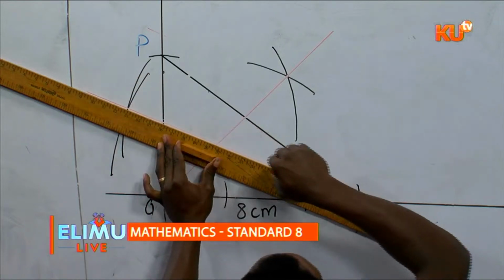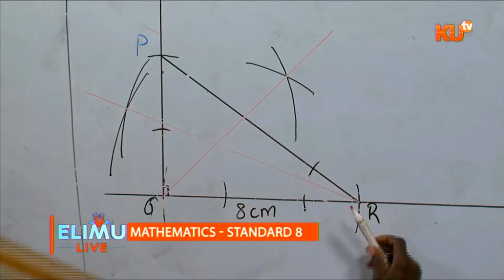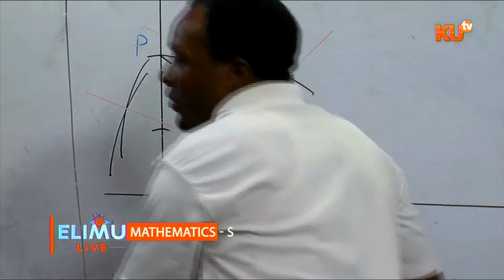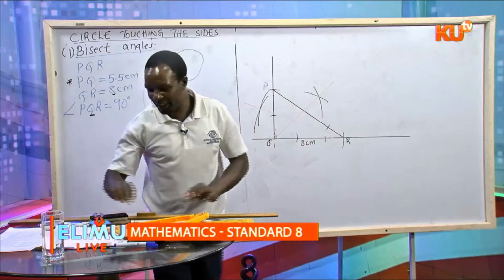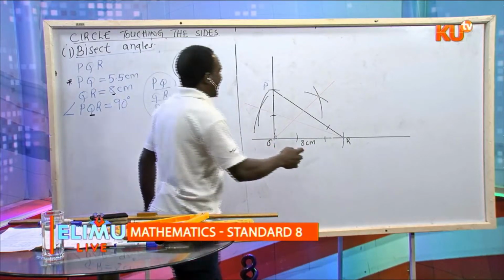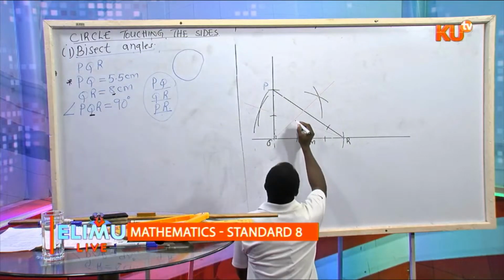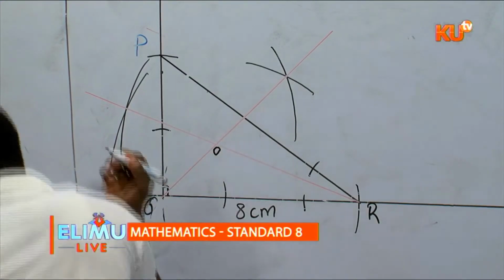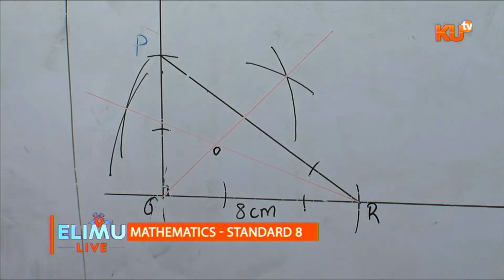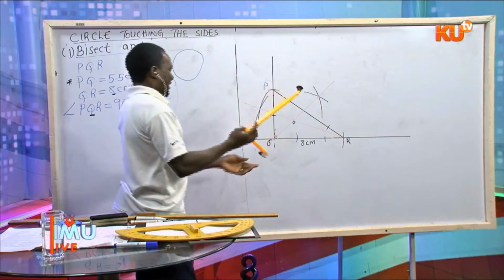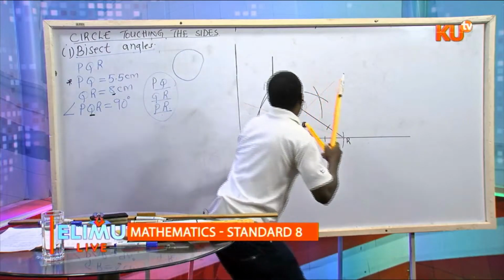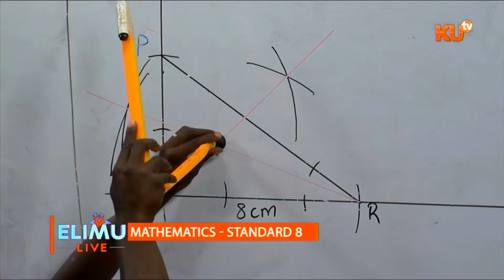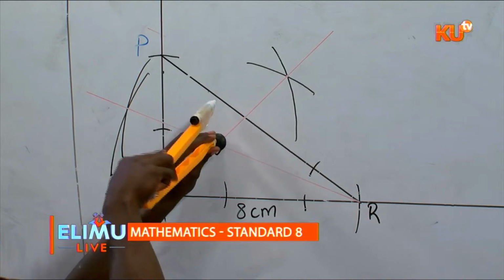There. I have bisected this angle. And you can see the two perpendicular bisectors have met here. Call this point O. Then take your compass. There at the center. Then reduce it.